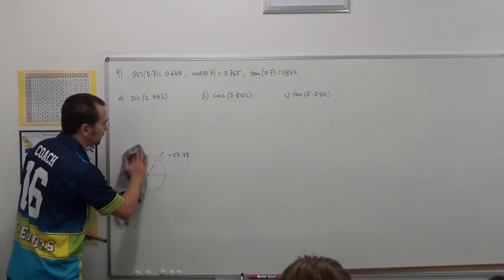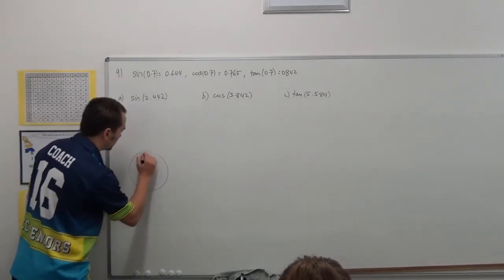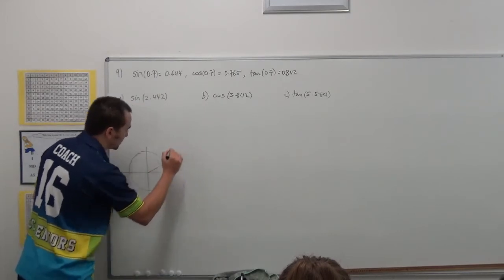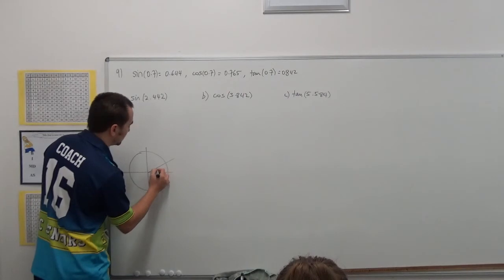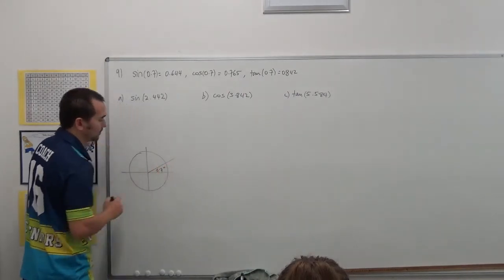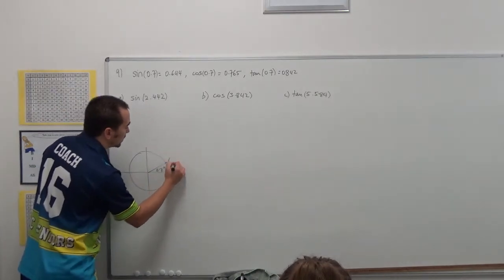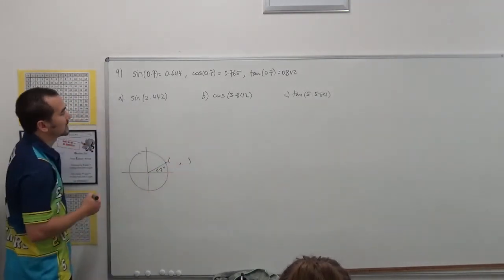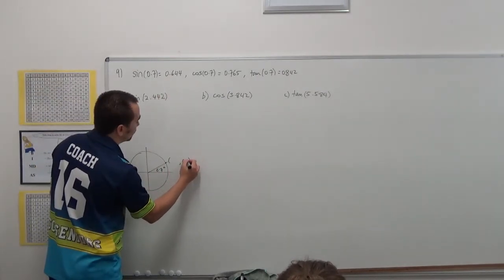All right. So let's draw that. Somewhere around there. Okay, so let's say that's 0.7 radians. Okay, and then we have a coordinate here, and the sine of that coordinate is 0.644.